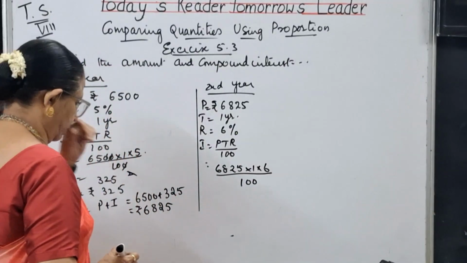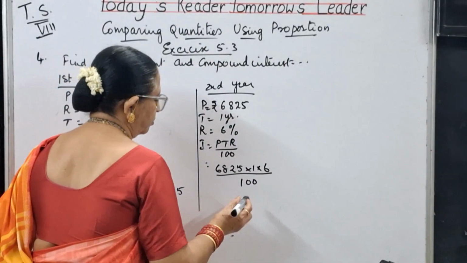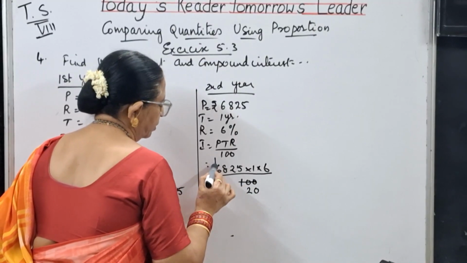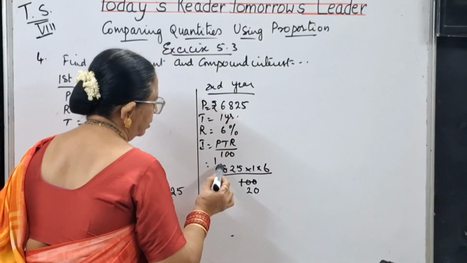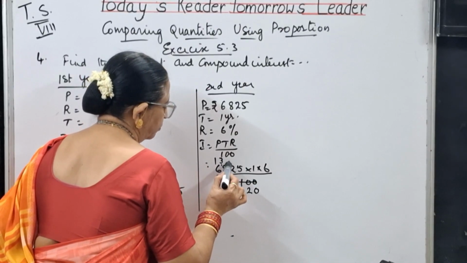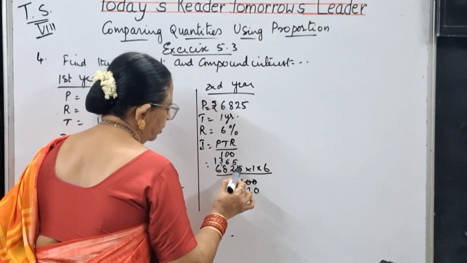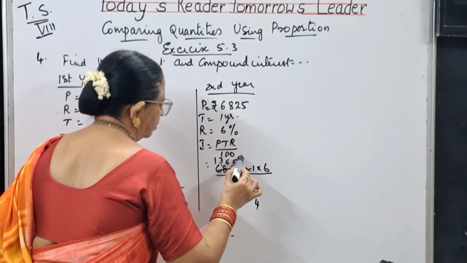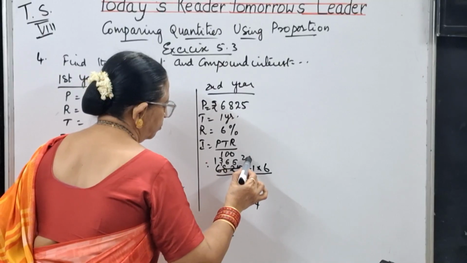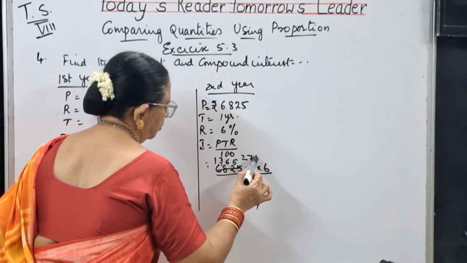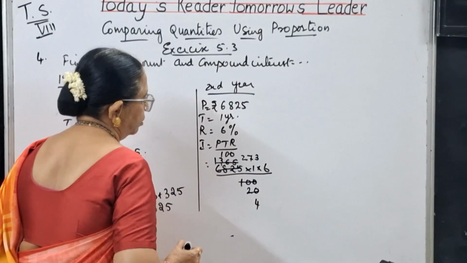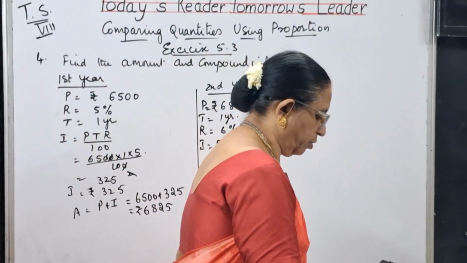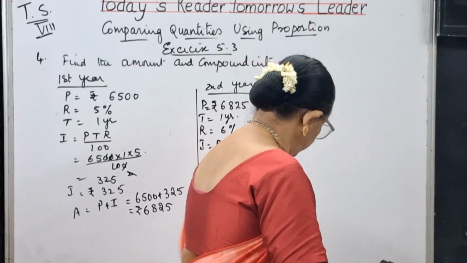So we cannot cancel any zeros, so go with the 5. 5 2s are 10, 5 1s are 5, 1 is left behind, 5 3s are 15, 5 6s are 30, 5 5s are 25. Again 5 4s are 20, 5 2s are 10, 5 7s are 35, 5 3s are 15. 273. So how much are you going to get here, children? Let us see.